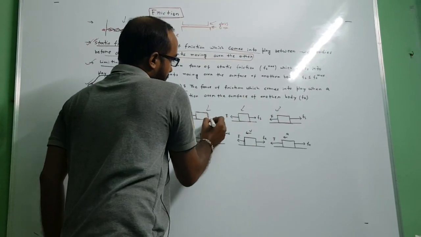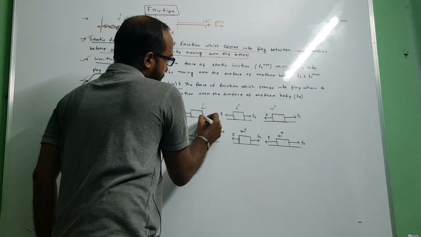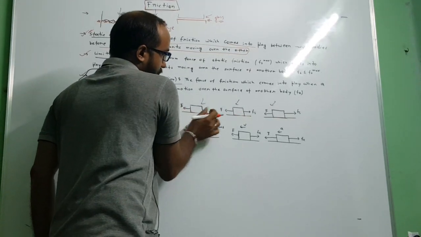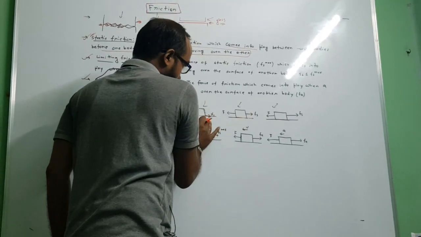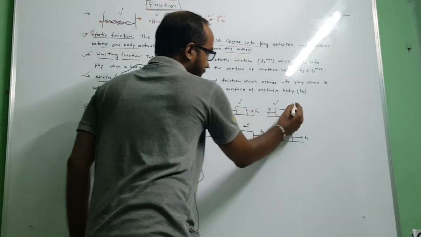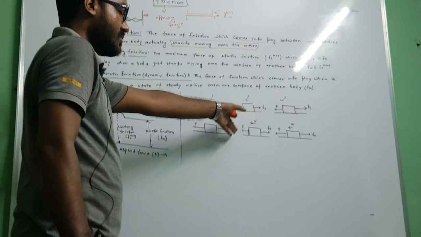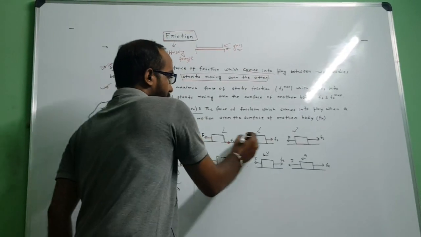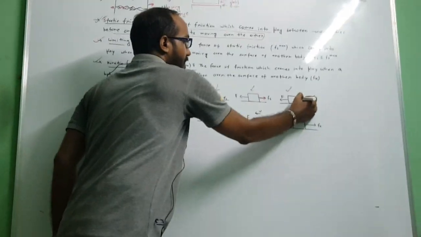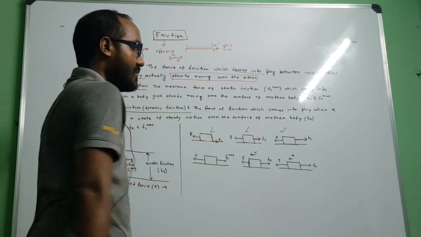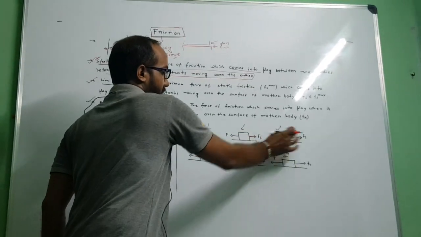You can see that this vector Fs is small, this one is larger than this Fs, and this one is larger than that. It is a force, so it's a vector quantity, and you can simply judge by its magnitude. So in magnitude it is largest.